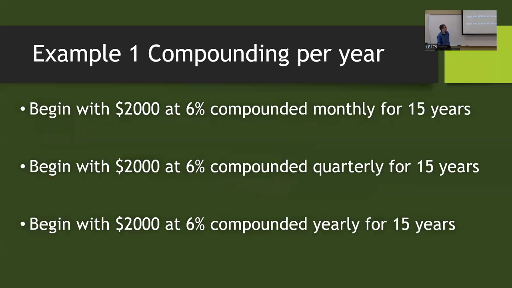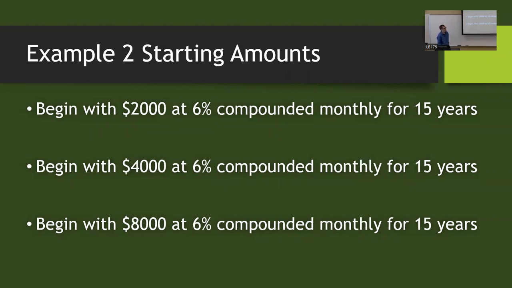So we've done a couple of examples. We saw that when we compound monthly versus quarterly, for instance, there is a little bit of difference. The more often you compound per year, the more we're going to have at the end. But it's not a gigantic difference, right? Monthly gained more interest than quarterly. Quarterly would also gain more interest than yearly, but it wasn't a gigantic difference. Then we saw what happens when the starting amounts were different.